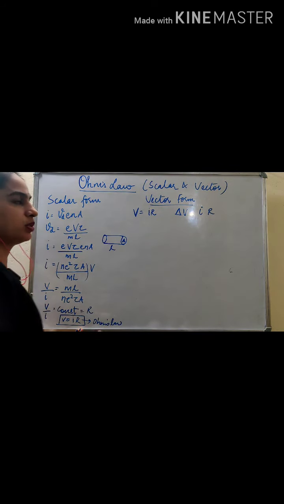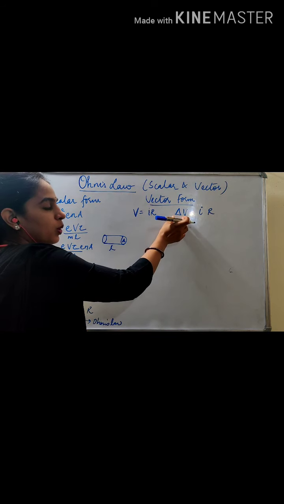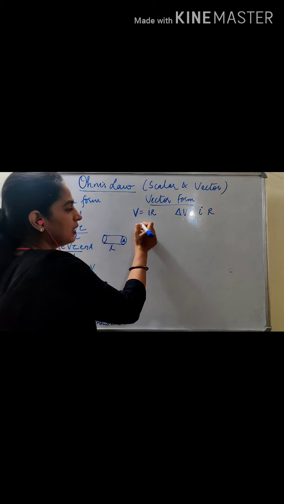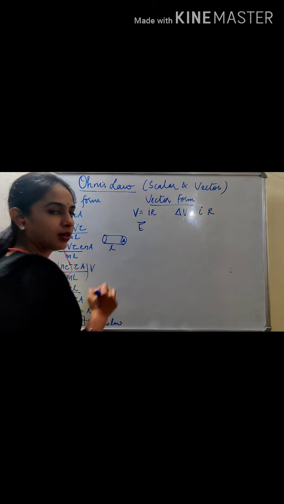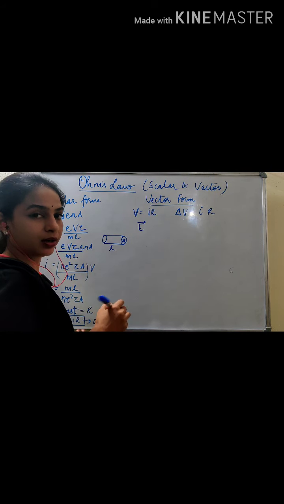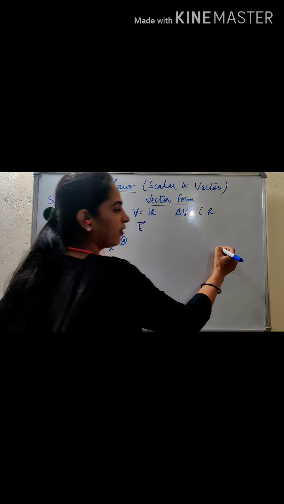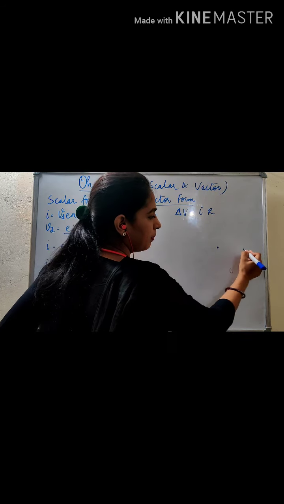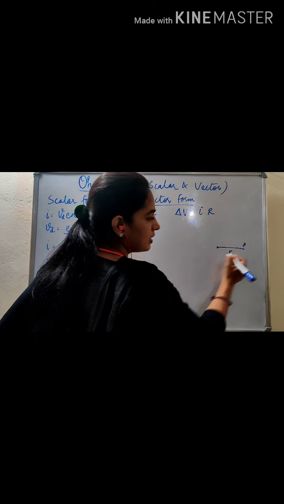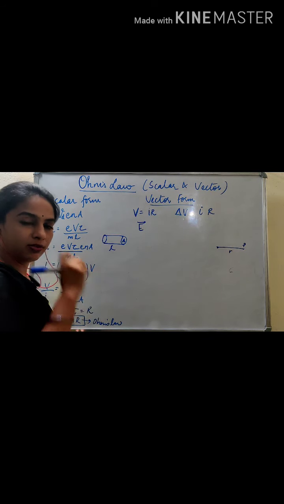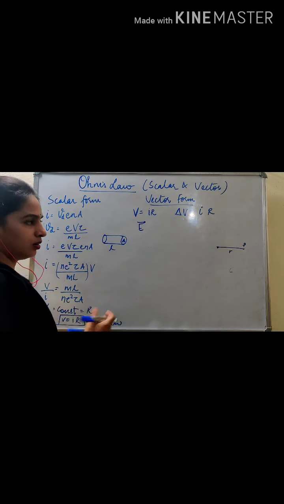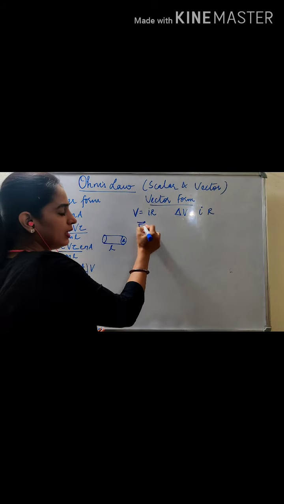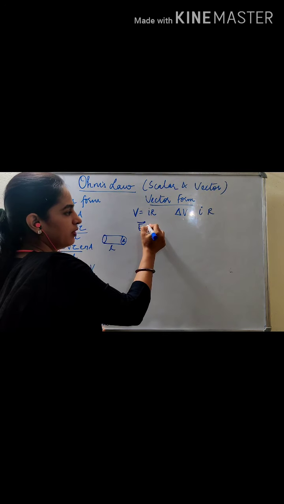So what is the vector correspondent of electric potential? That is electric field. We've discussed electric field in electrostatics. If you have a charge over here, and you want to find the field at this point P, which is at a distance R, its electric field E will be, we'll discuss that, E by R. So E is the vector form of potential difference.